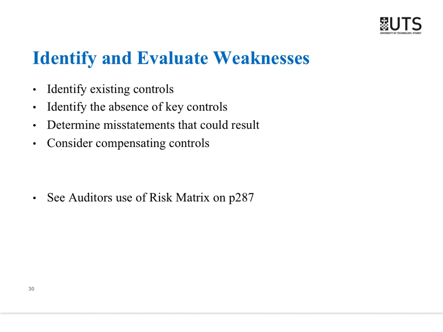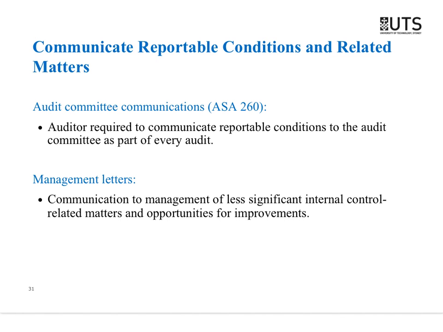All right, so in terms of evaluating weaknesses, as I mentioned before, we want to identify, what are the controls? Are there any absences of controls for key assertions? All right, and sometimes companies might have 50 controls around occurrence and accuracy, but no controls around classification. So companies can be a little bit lopsided in their controls.